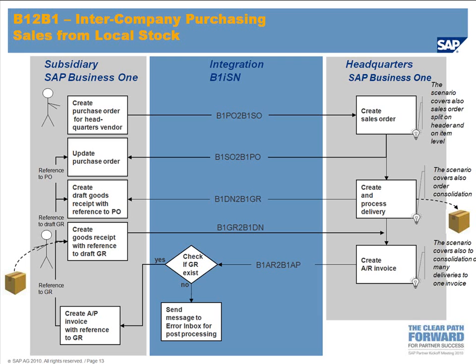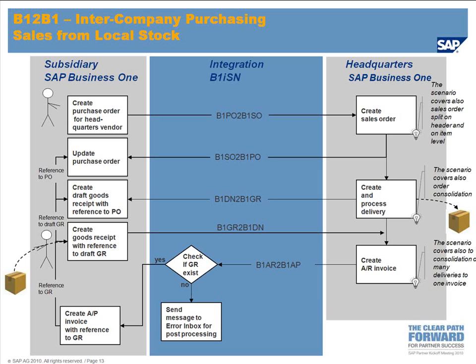When the person at the headquarters picks up the sales order and generates a delivery, it will automatically generate a goods receipt PO over in the subsidiary system. Also, when the sales order has been created, it will update the purchase order with pertinent information such as the sales order number back in the subsidiary.